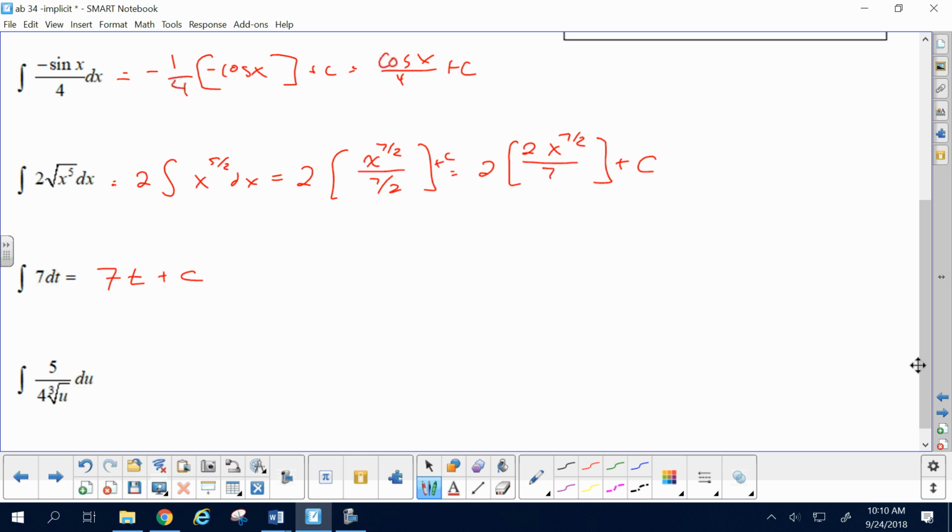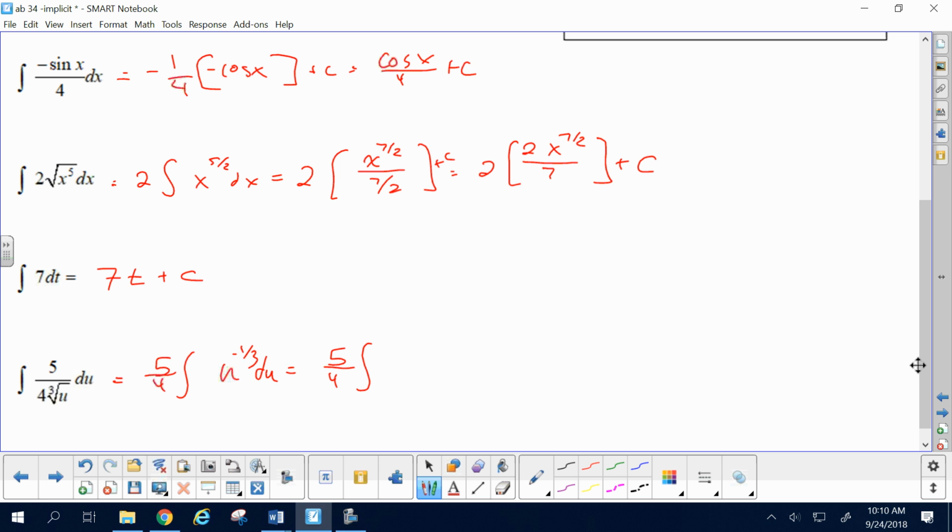What about this? Rewrite step. 5/4. What is that as a power? u to the what? u to the what power? It's hard to use the power rule unless you know the power. 1/3 positive or negative? Negative 1/3. You have 2 algebra skills you have to demonstrate there.